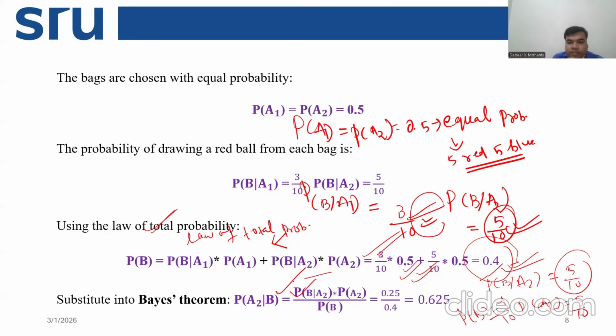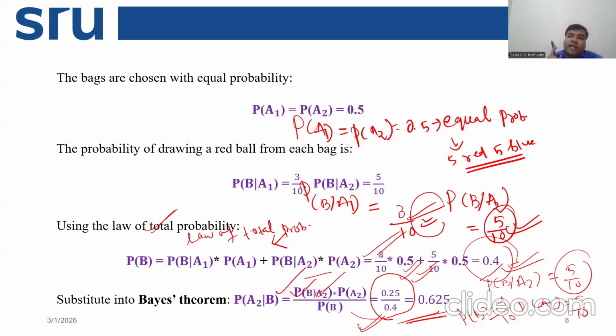Now we will apply this formula. We are getting this value, 0.25, which is the probability of B given A2 times the probability of A2, and the probability of B is 0.4, so we get the value 0.625. That way we are applying the Bayes theorem to find the probability of A2 given B. That means choosing bag 2 and the red ball.